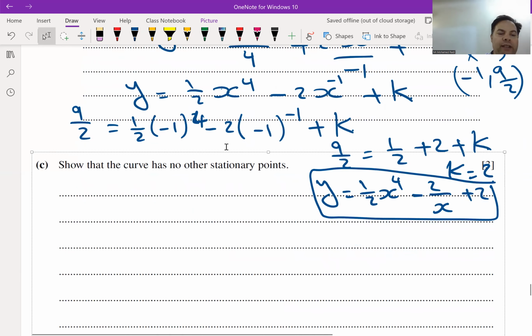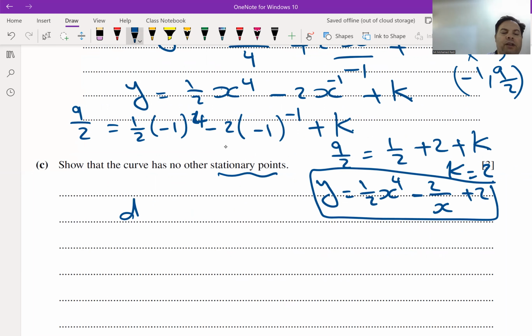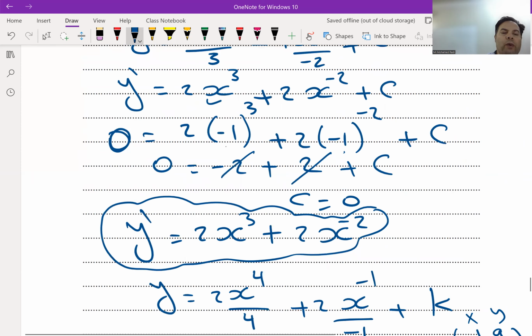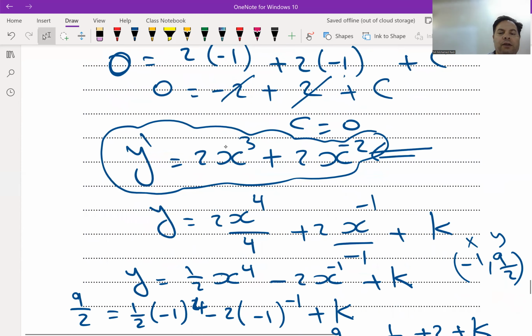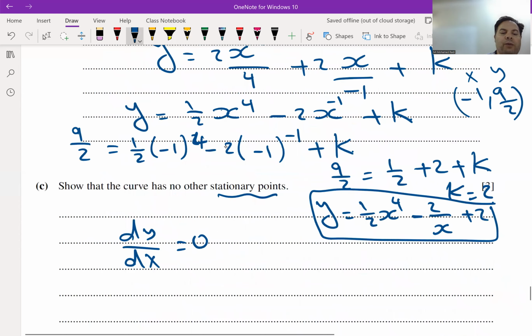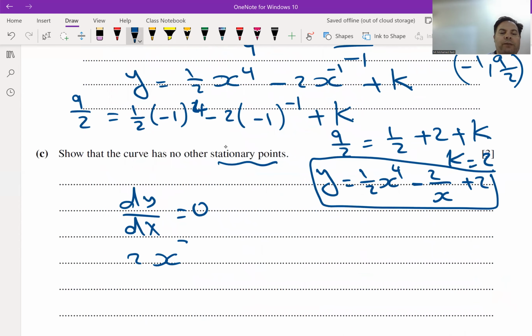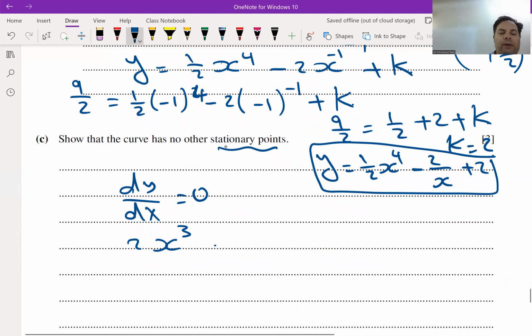Part C, show that the curve has no other stationary point. How to get the stationary point? Stationary point, dy by dx is equal to 0. So we start with y dash equal to 0. 2x cubed plus 2 over x squared is equal to 0.